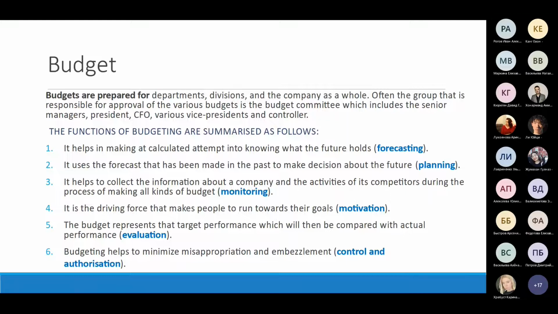Budget could help to collect the information about the company and the activities of its competitors during the process of making all kinds of budget. So this function is monitoring.